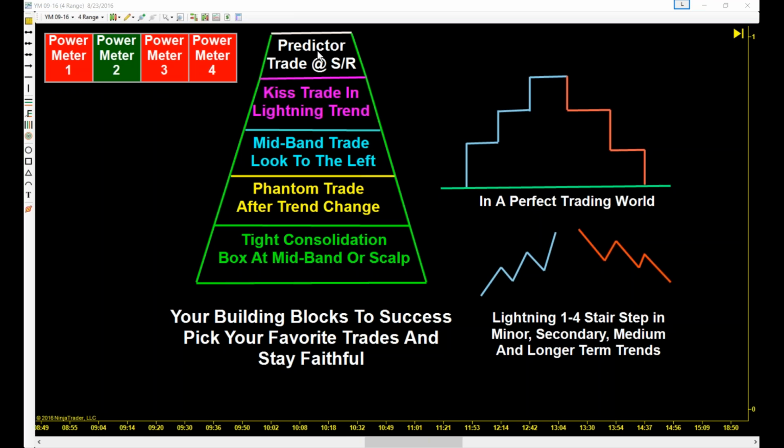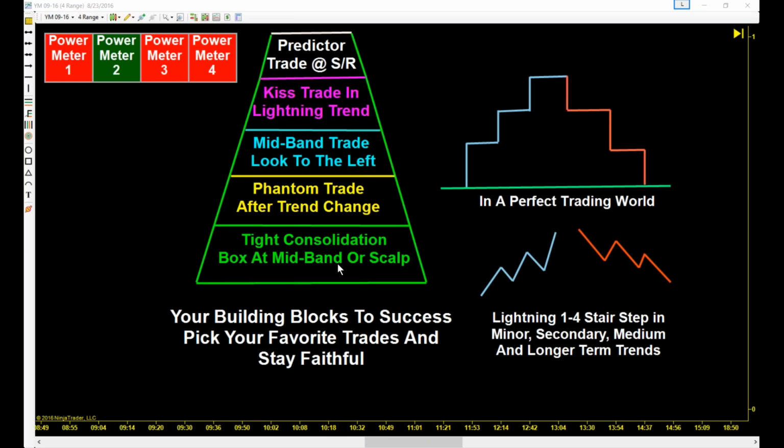My favorite one, starting at the top here, is the predictor type trade, the KISS trade, which is really looking to the left to trade the right. The mid-band trades, always looking to the left too to see if it is hitting a good support area, for instance, or resistance. The phantom trade, a deeper retracement type trade, and then also your tight consolidation patches.